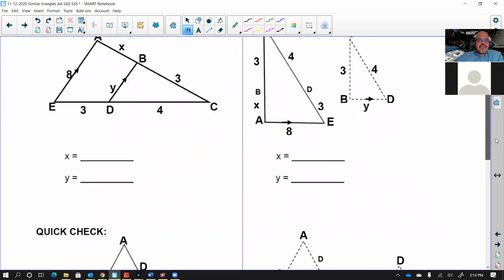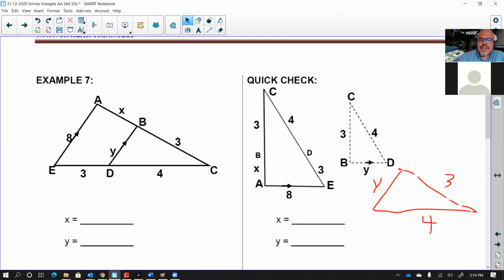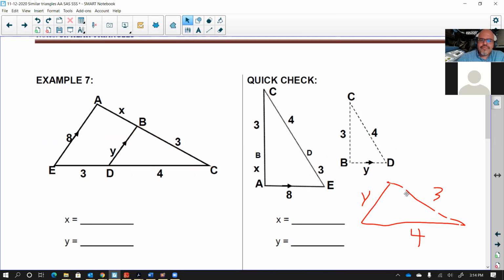So on this one, for example, 7, we're trying to find the missing sides. The first triangle we have right here has sides 3, 4, and Y. That's just a smaller one.